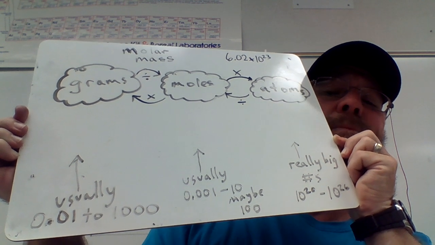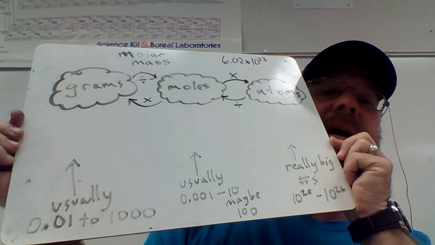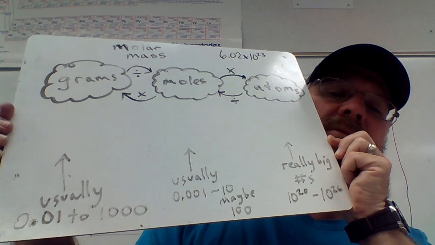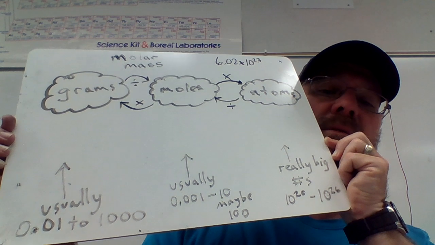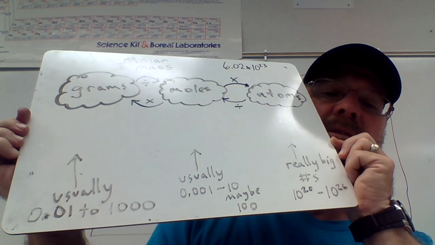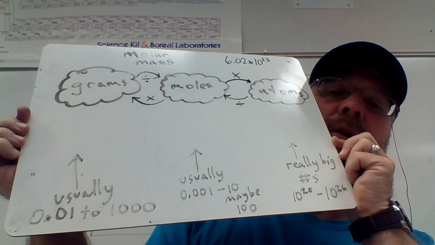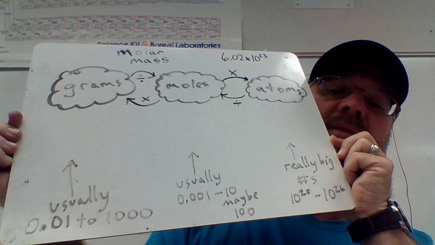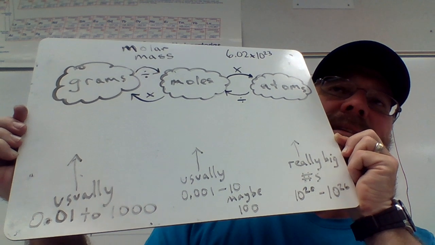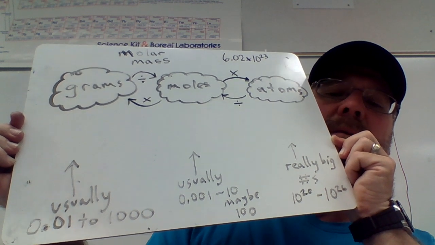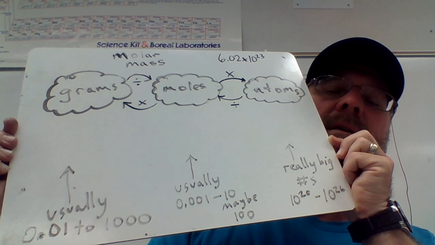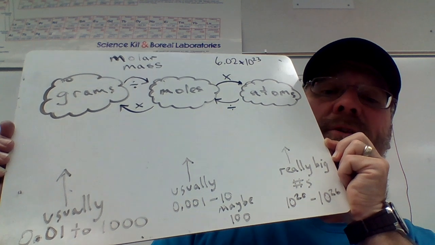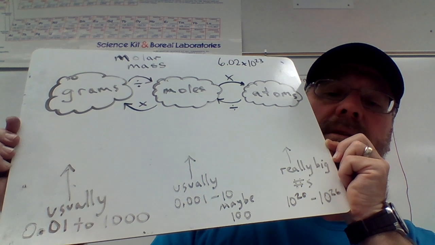Moles is usually a little bit less than that, because we're dividing by the molar mass. Generally, we're going to end up somewhere in the range between 0.001 moles and usually 10, but we might run into a problem, especially on an industrial scale, where we've got 100 moles of the substance.